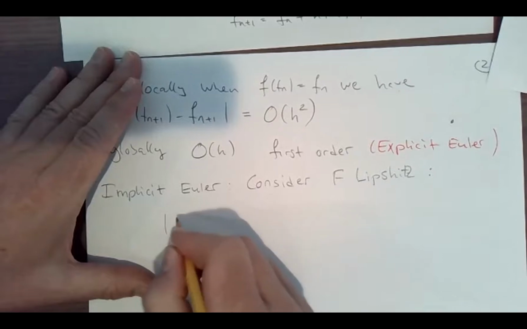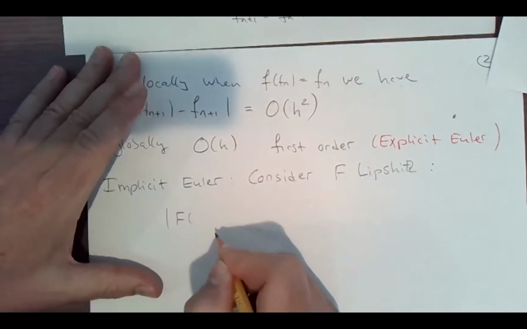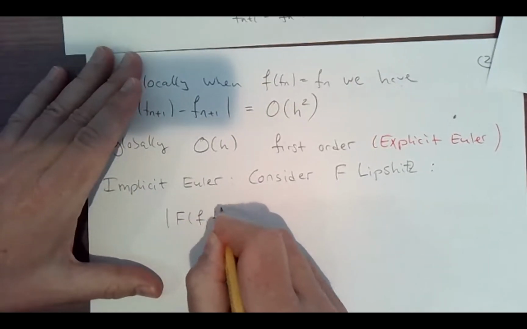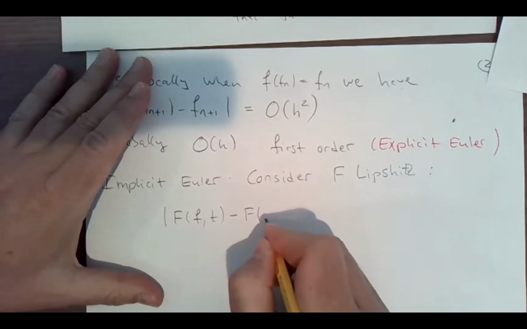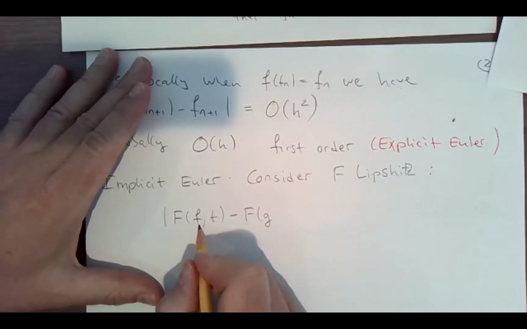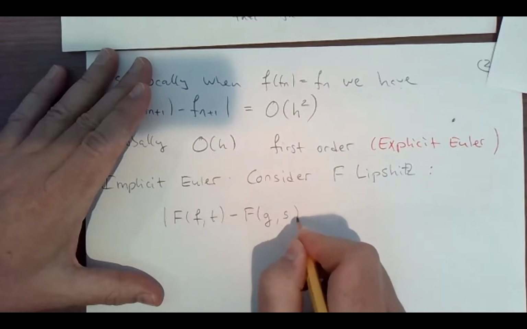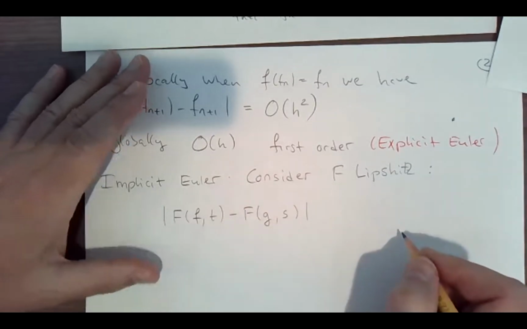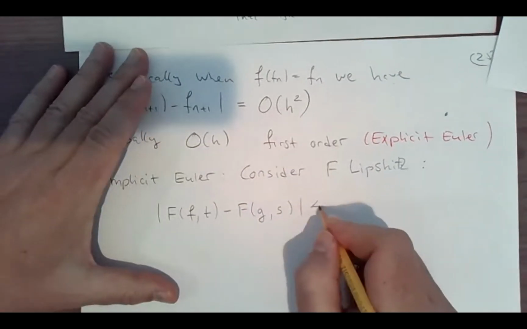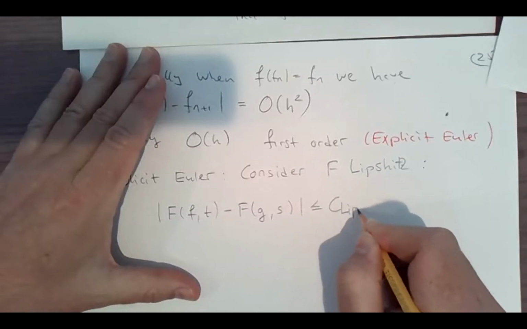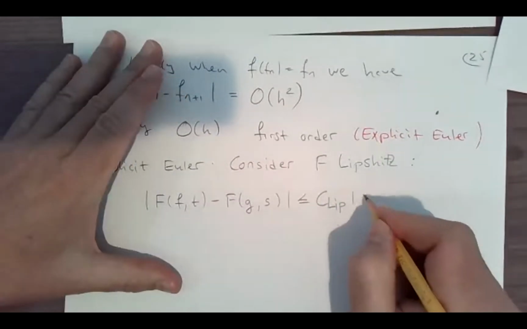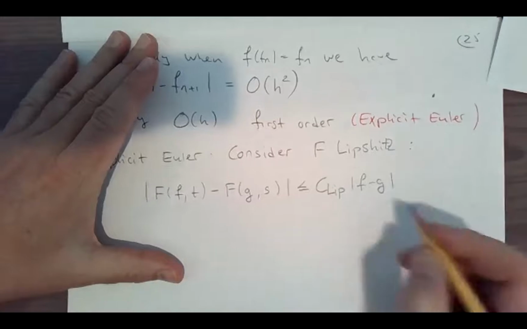It means that if I take f evaluated at two points, t and f, and I subtract away it evaluated at two other points, s and t, then this is going to be less than some constant, C Lip, times the difference between the points.